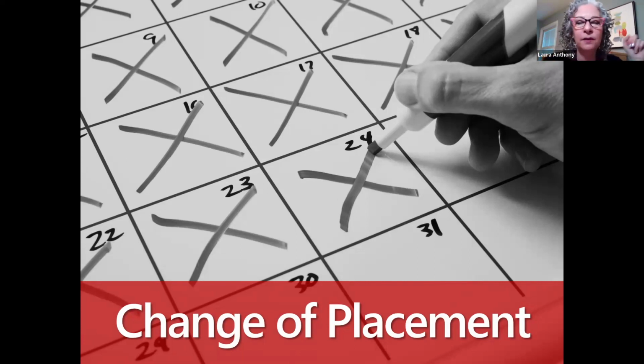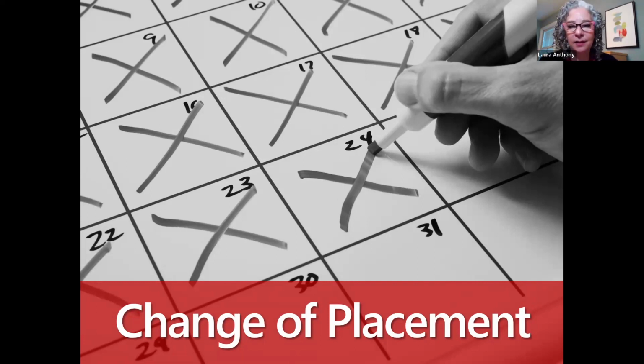And let's say the first 4 days was for being insubordinate. Okay. And the second 4 days is forging your mom's signature on an excusal form. And then the last 4 days is vaping. Okay.